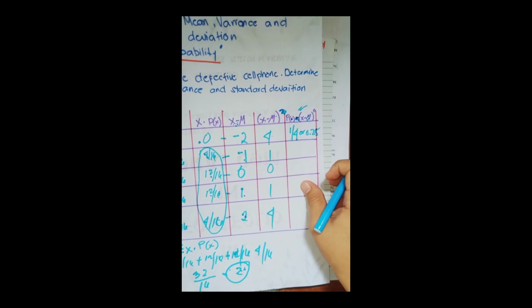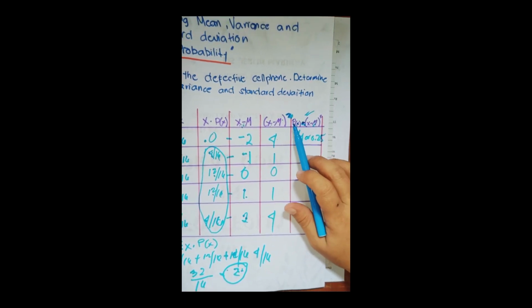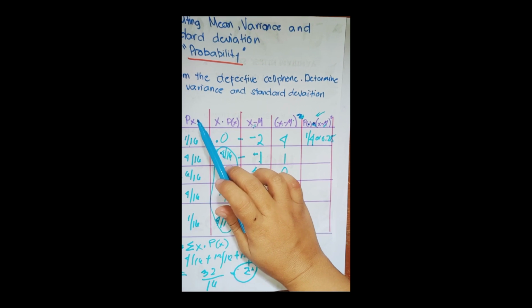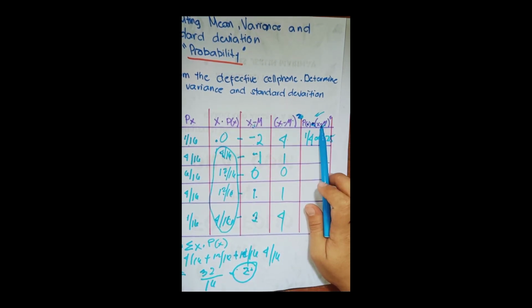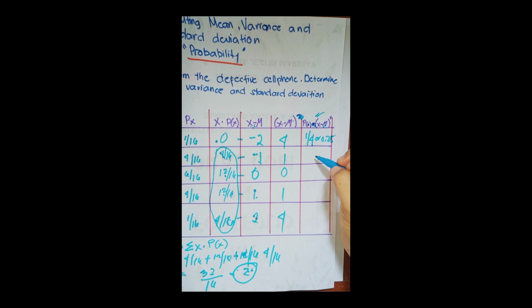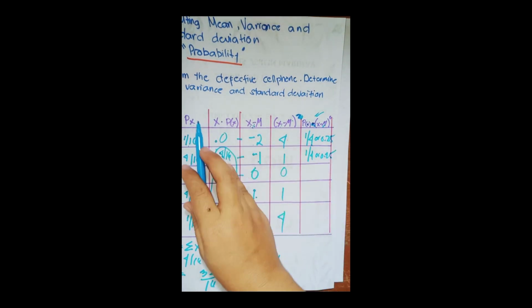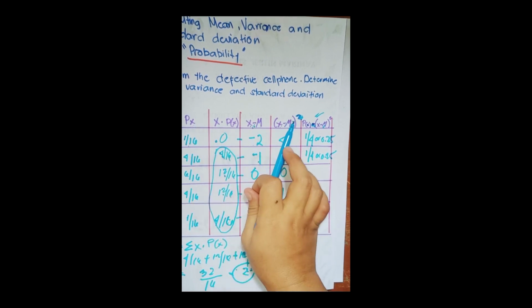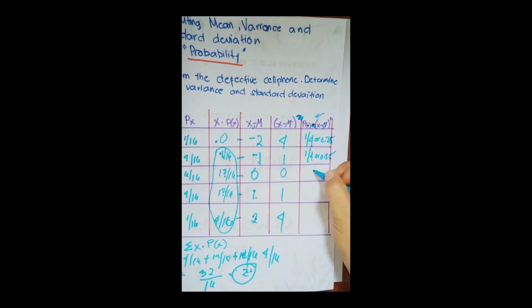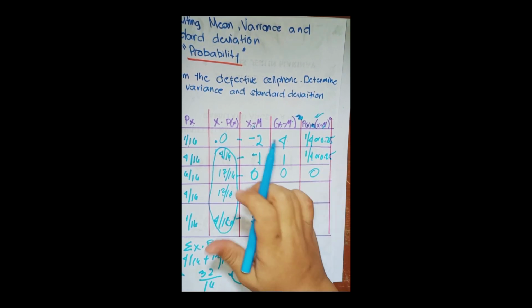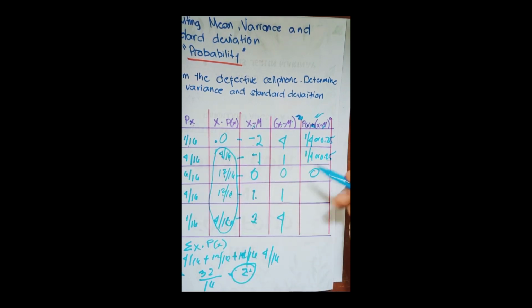Then 4 over 16 times 1 is equal to 1 over 4, or 0.25.